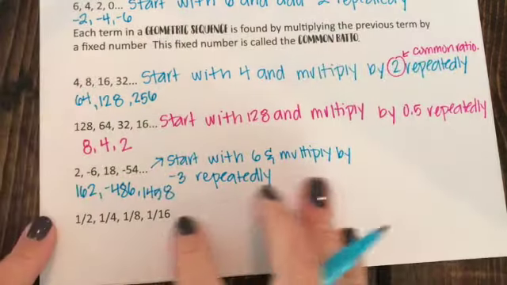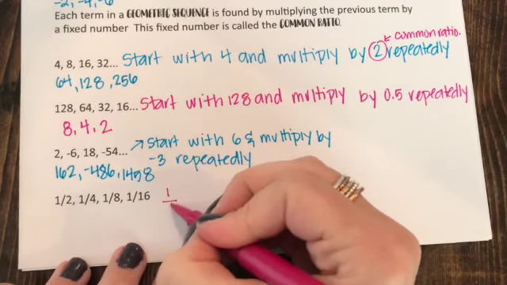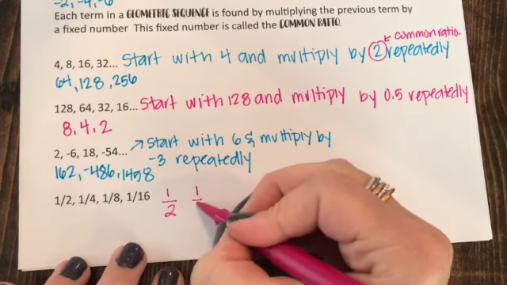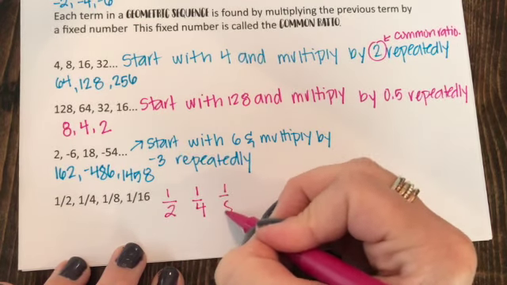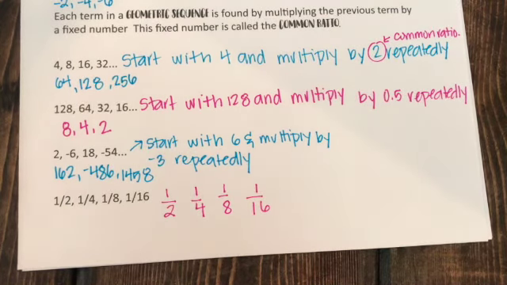Okay, let's look at this bottom one right here. I'm going to rewrite it because it's a little bit hard to see, but it's 1 over 2, 1 over 4, 1 over 8, and 1 over 16. Okay, so let's talk about what we know about fractions. So when I'm multiplying fractions, okay, I'm not adding the same thing every time, because if I'm going from a half a pizza to a fourth of a pizza, right, that would be subtracting a fourth, but then subtracting another fourth would be 0, not an eighth.